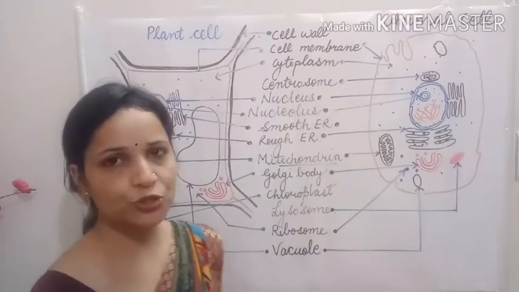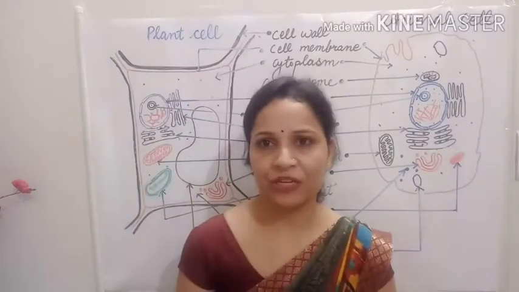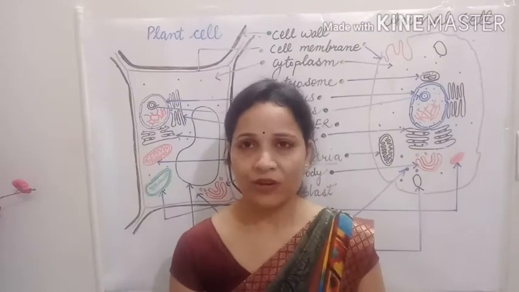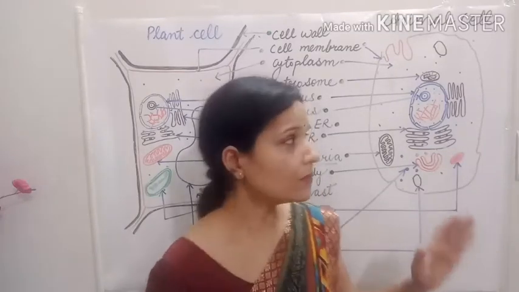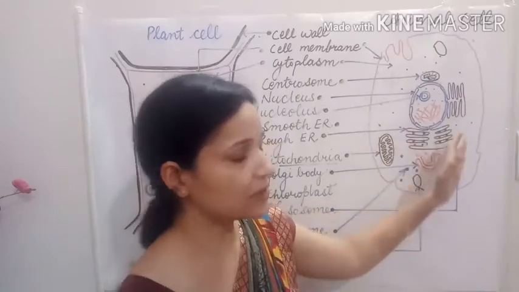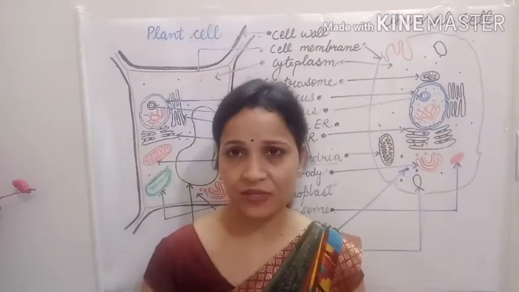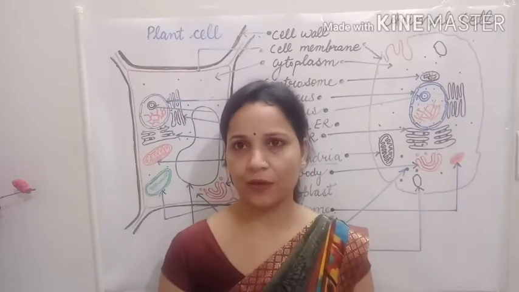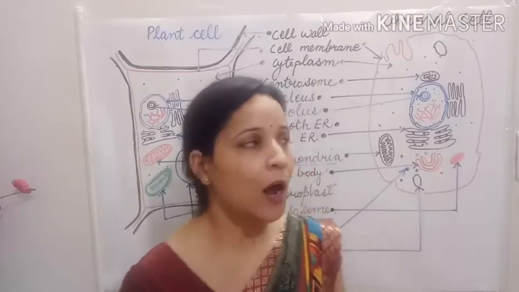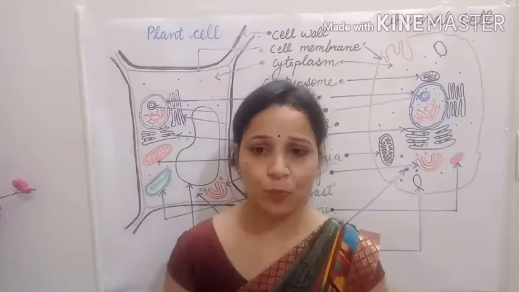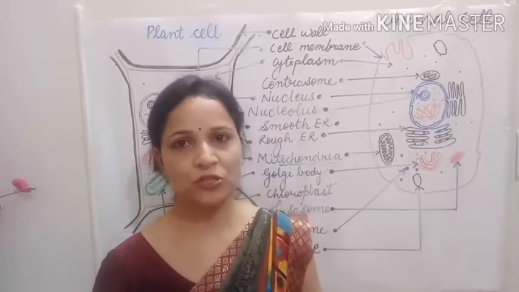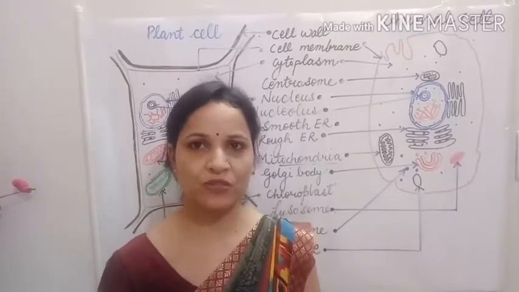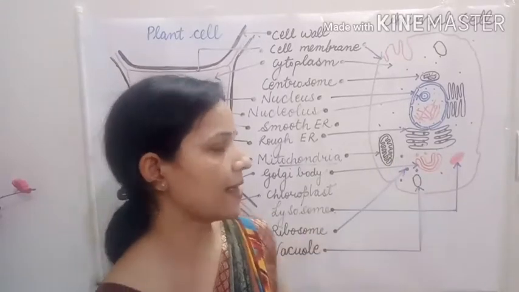Now what is the function of endoplasmic reticulum? First, it looks like a network of tubes, meaning it maintains the shape of the cell. Second, it is used to produce and transport substances through the cell.